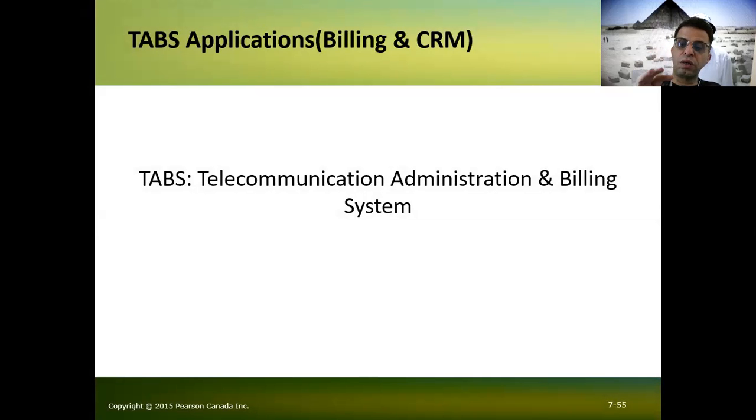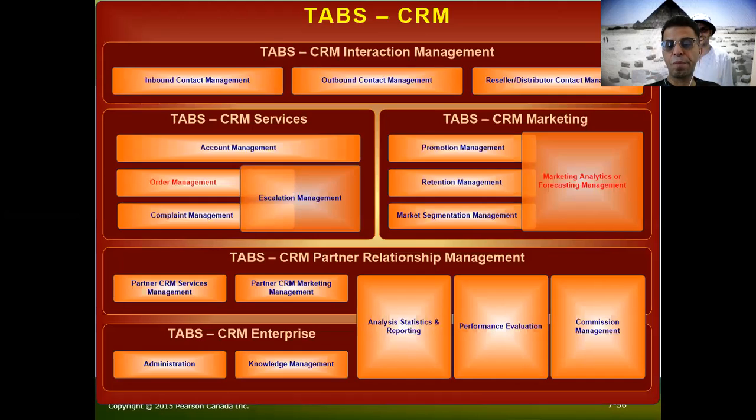As we said, we're going to view one of the billing systems that is currently owned by Huawei, and it's about the administration and billing system of telco companies like Rogers, like Bell. They do have a similar application and how they run their day-to-day operation.